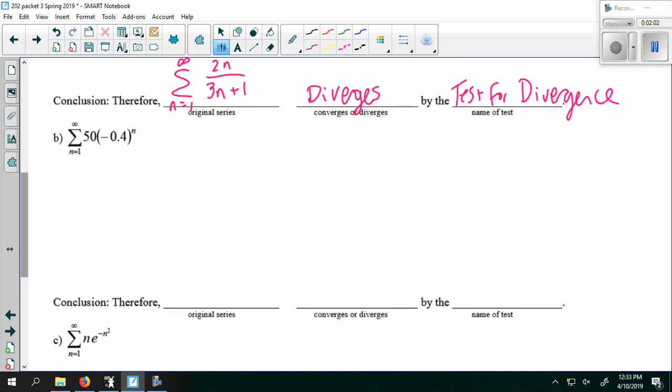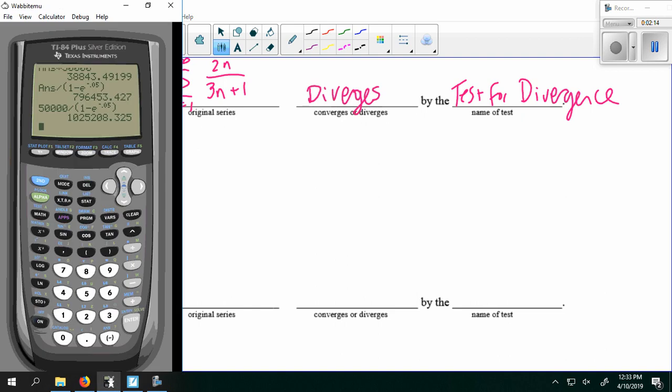Okay, for B, again, start by writing out some terms. So 50 times negative 0.4 to the first. 50 times negative 0.4 is negative 20.